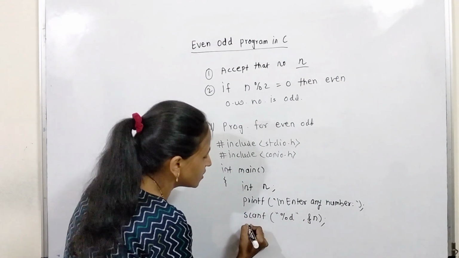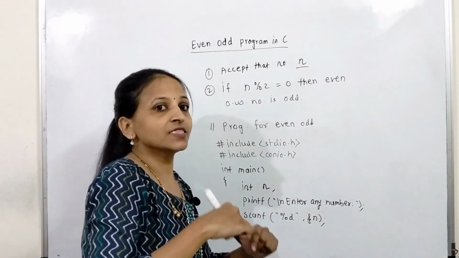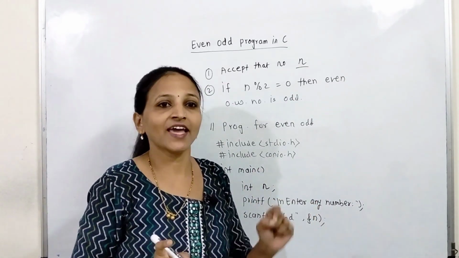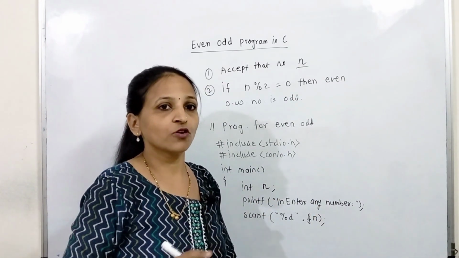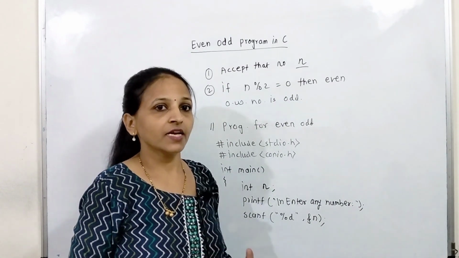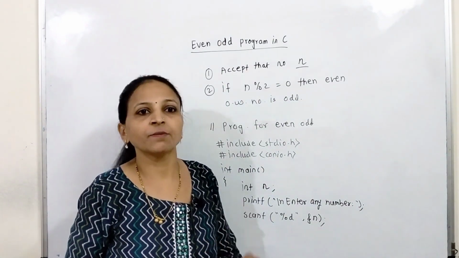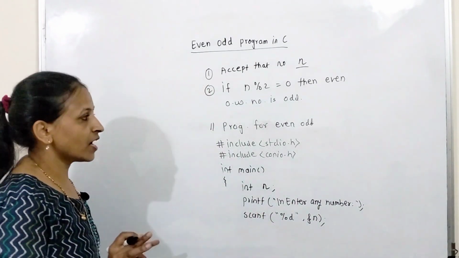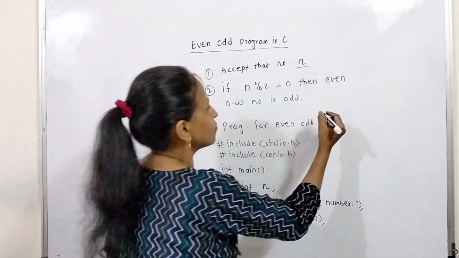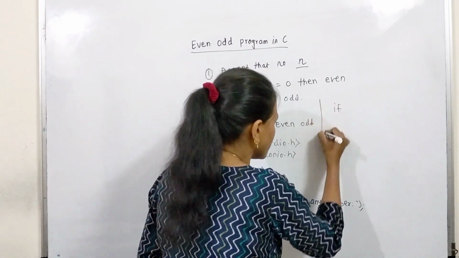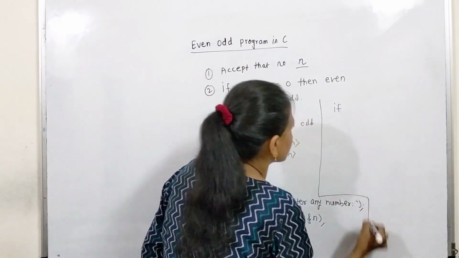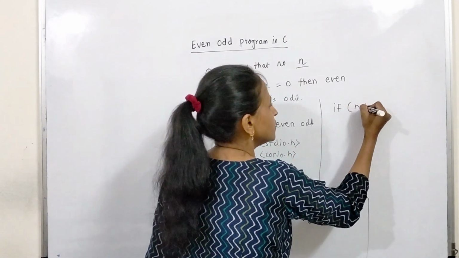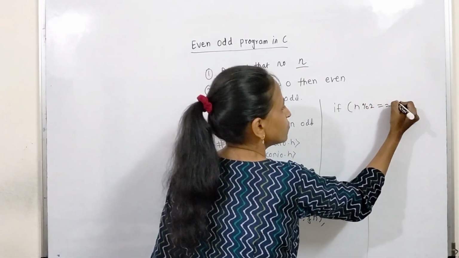Now after that we have to check whether that n is even or odd, and for that we have to use if else. Whenever you want to check any condition in programming, we use decision making control statements. Here we use the if else statement. How? First we write: if n modulus 2 is equal to 0.